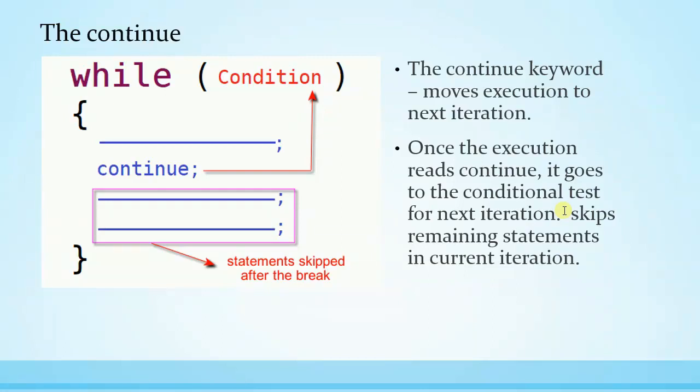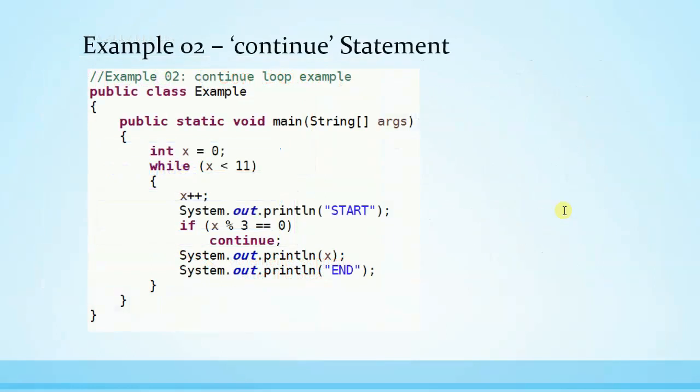Alright, let us see an example for this. So here we declared a variable called x, then we initialized that to 0. Then we are forming a while loop.